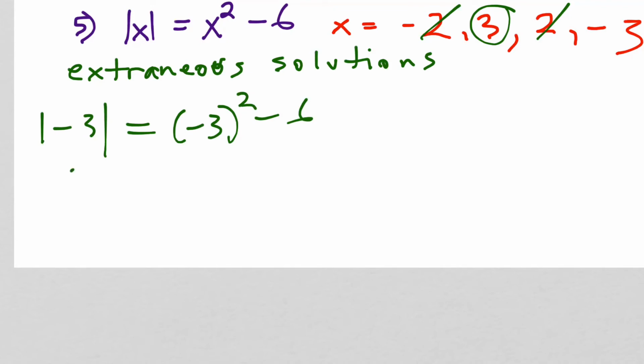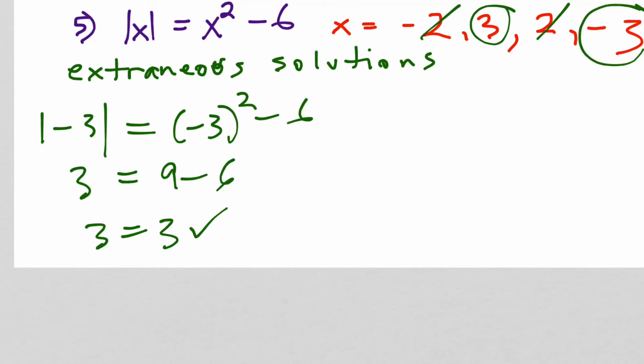So that's 3 is equal to 9 minus 6. 3 is equal to 3. So that one worked. All right, so what we've got here is 2 extraneous solutions, so those are not solutions, and we have 2 real solutions that actually are solutions. So x is equal to 3 and negative 3 are the solutions to this equation.